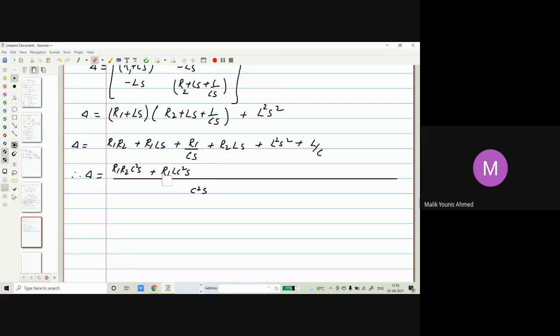Once again, R1 L, S and S gets cancelled because it is C square S is R1 L times, so that only figure will be multiplied, so R1 L C square and S square will be there.